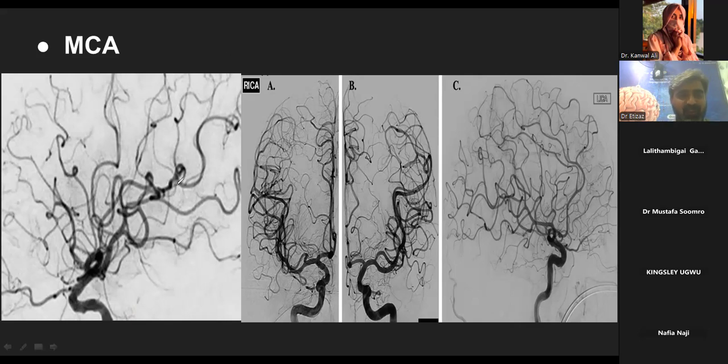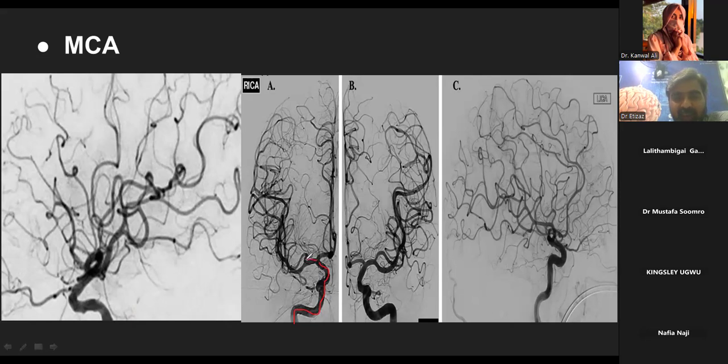No? So I'm trying to interpret it. First we will go to this one. This is very easy. This is the internal carotid artery, up to here.